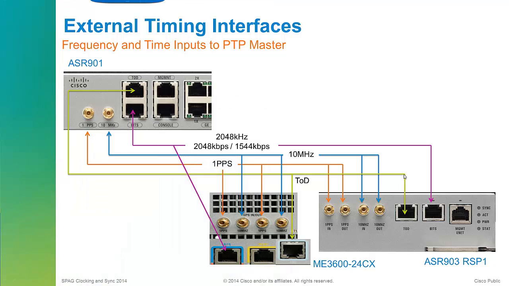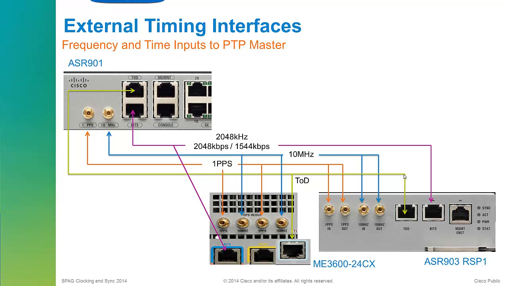And so that's configuring slave clocks. Now we can move on to PTP master clocks. With our nodes now being PTP master clocks, we need a source of frequency, a source of phase, and a source of time to distribute to our downstream nodes.